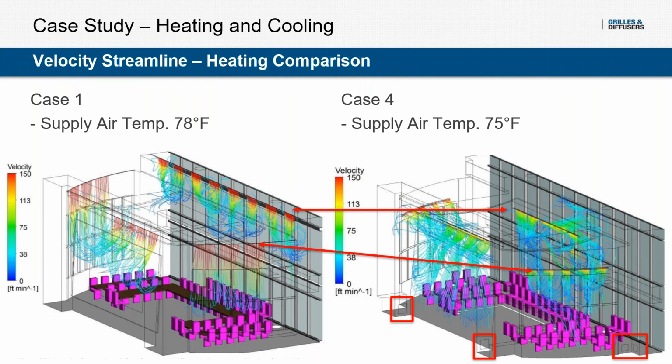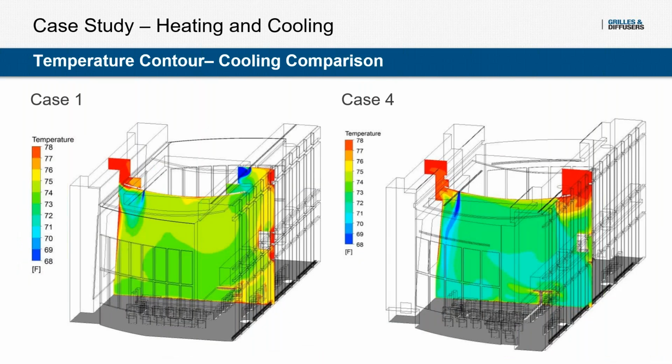So now that we made all of these changes and optimized it for heating, what about the cooling? Are we going to be creating some uncomfortable drafts in cooling, or are there going to be cold spots in cooling? If we compare the temperature contours from case 1 to case 4 in cooling, we can see that although we had good ventilation effectiveness in case 1, it also wasn't the ideal scenario.